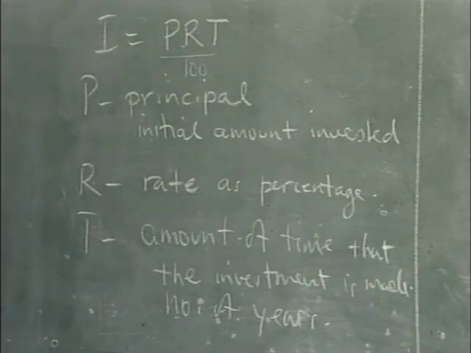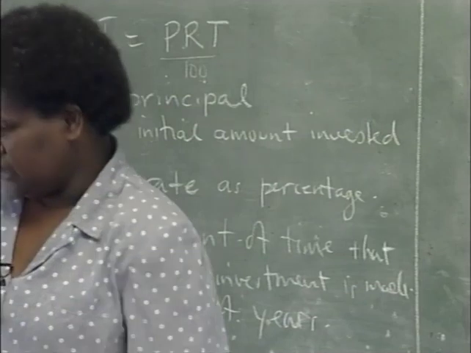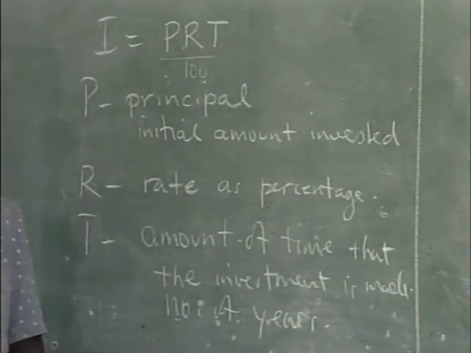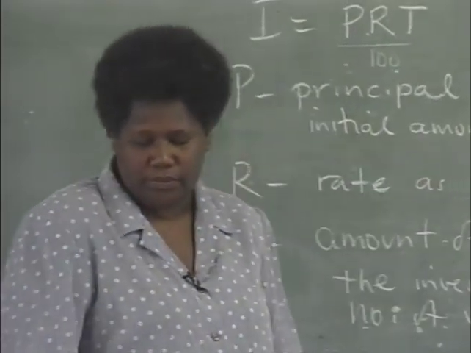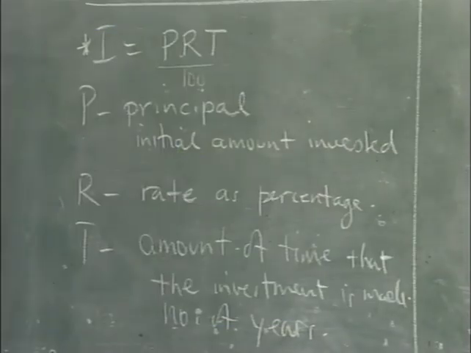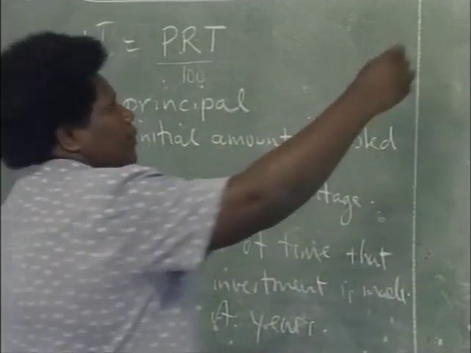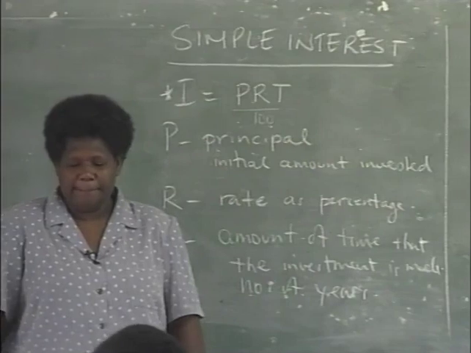I represents the interest. So if you have a look at the exercise, the first lot of questions are asking you to work out the amount of simple interest for each of the following. All you have to do is use the formula. But you can rearrange this formula and make either P, R, or T the subject of the formula. So if you are asked to find the value for T, what would it be?